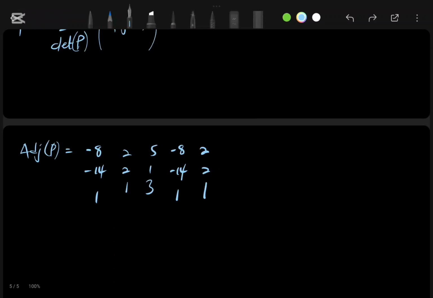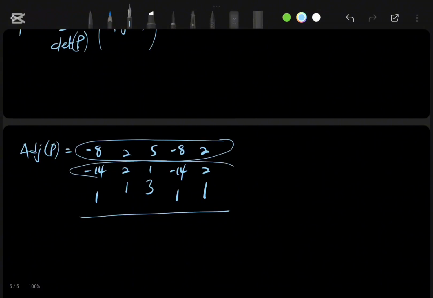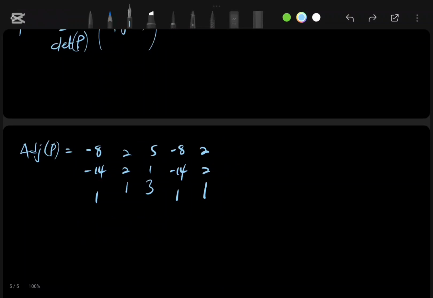Next, we list the elements in this row over here and the elements on this row over here. So we'll have minus 8, 2, 5, minus 8, 2, minus 14, 2, 1, minus 14, 2.